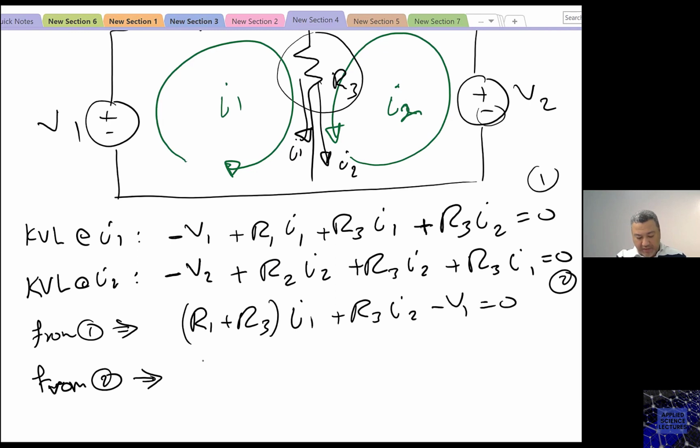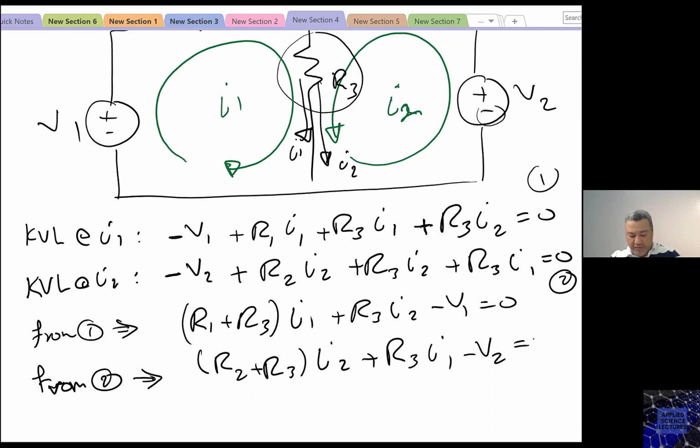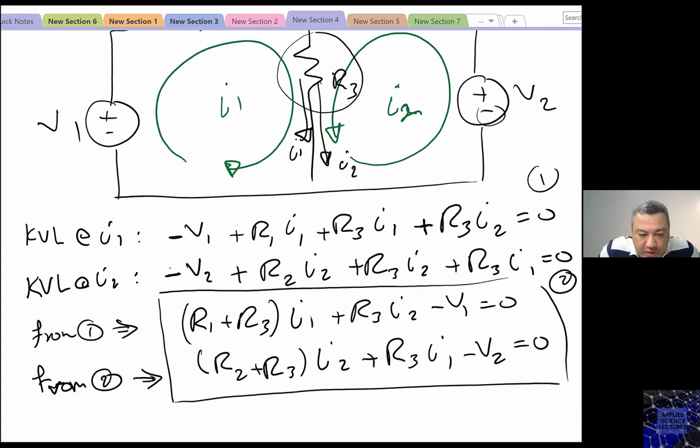I have R2 plus R3 I2 plus R3 I1 minus V2 equals to 0. Now, those are the two mesh equations for that circuit.